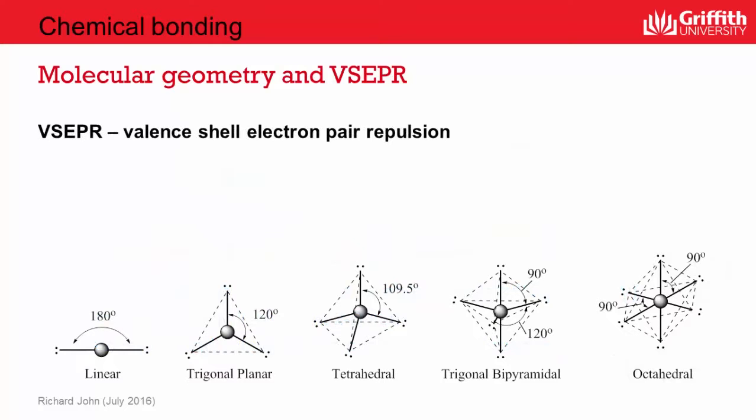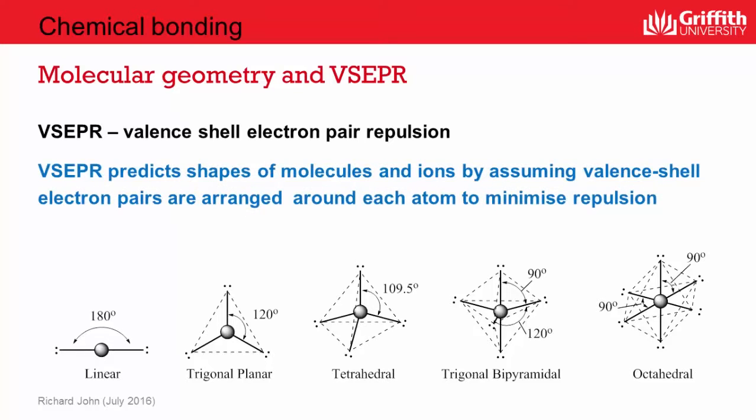And as I said, we're going to do this using a model called the valence shell electron pair repulsion model, or VSEPR for short. The VSEPR model predicts shapes of molecules and ions by assuming that valence shell electron pairs within molecules are arranged around each atom to minimize the repulsion of electron pairs.